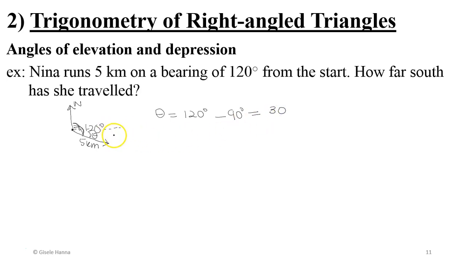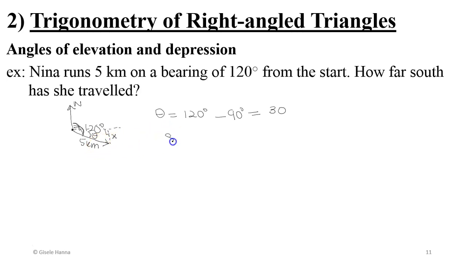We're aiming here to determine how far south she has traveled. So this is what we're aiming to look for. Okay, so if we look at this right triangle, we have theta, which is 30 degrees. We are looking for the side that is opposite to it, and we do have the hypotenuse.